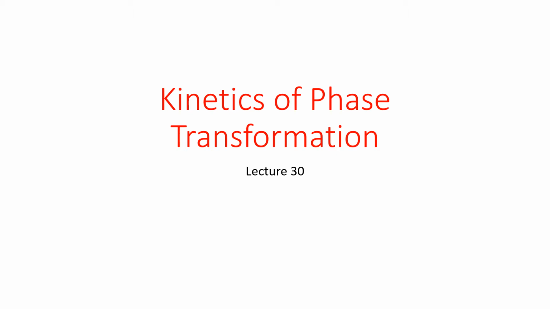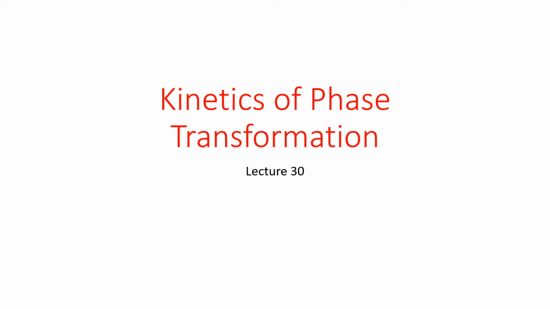Today we will continue with the previous lecture, which is a part of phase transformation. In phase transformation, we will continue with our previous topic, kinetics of phase transformation, which we have introduced.